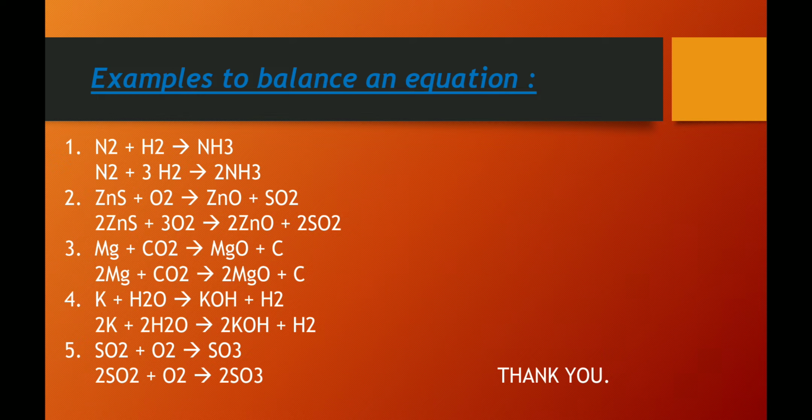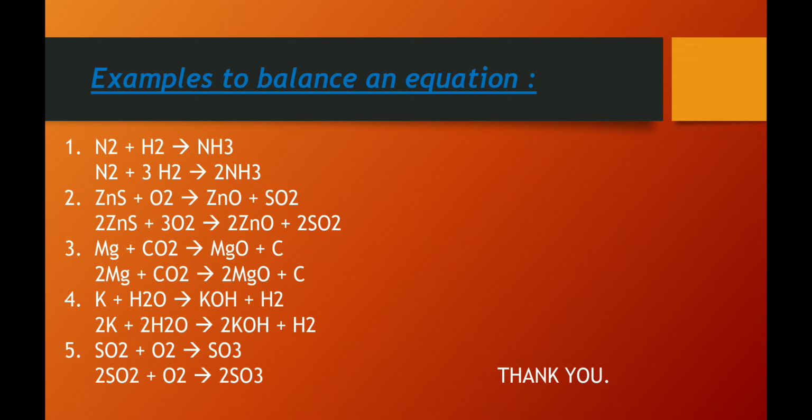Example number 1. N2 plus H2 gives NH3. On the reactant side, nitrogen plus hydrogen gives on the product side ammonia. If you take the number of atoms on the reactant side and the number of atoms on the product side, this is not a balanced equation.